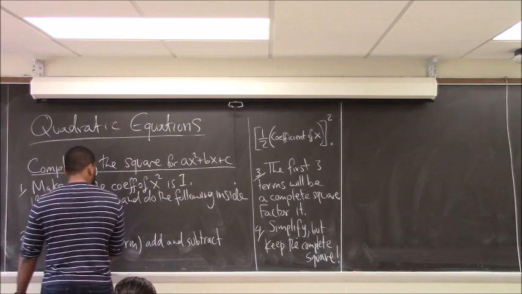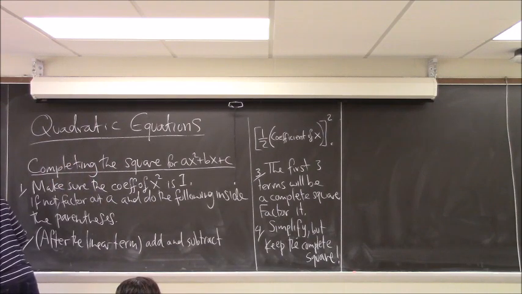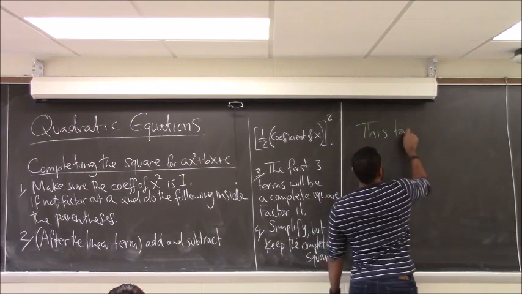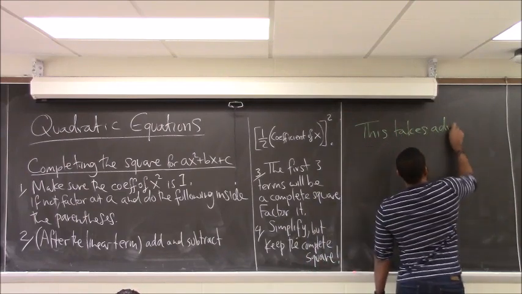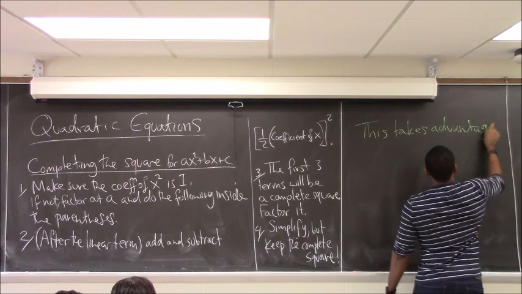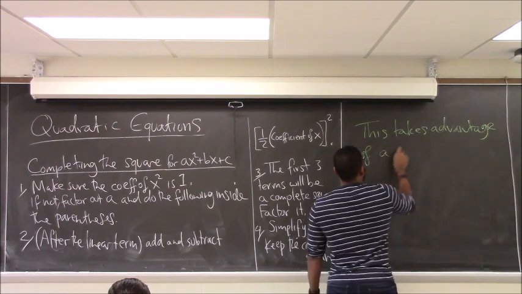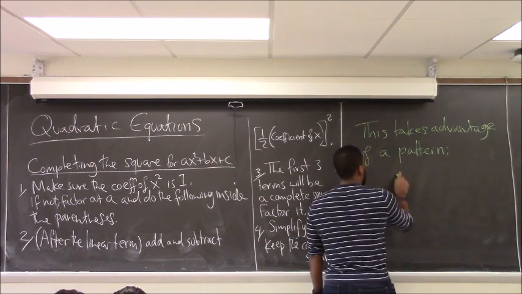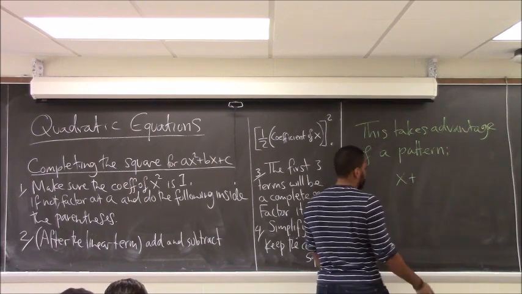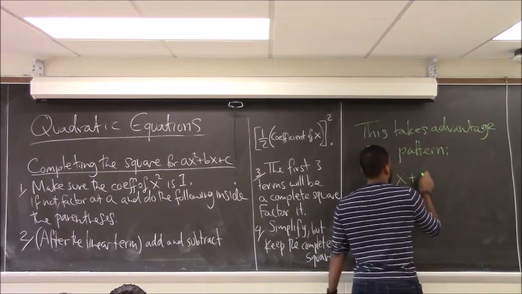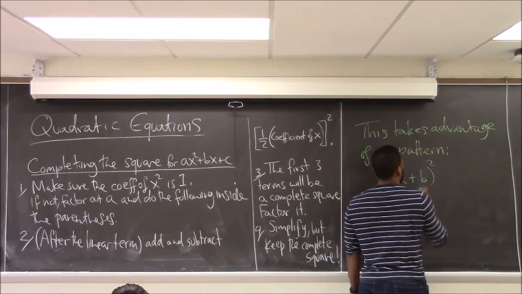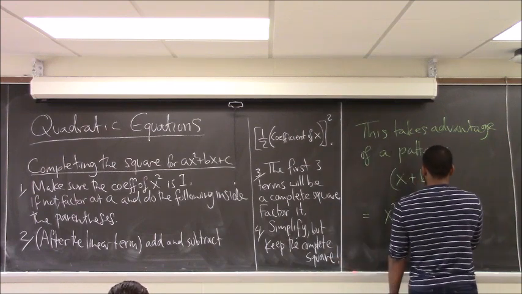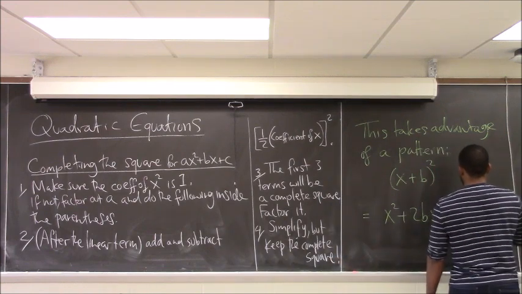And basically it's taking advantage of a pattern that we notice. If you were to take x plus, let's call it b, all squared, this multiplies out to give us x squared plus 2bx plus b squared.